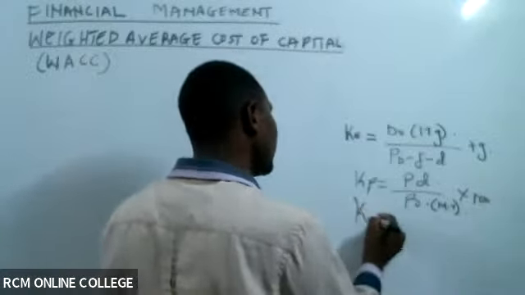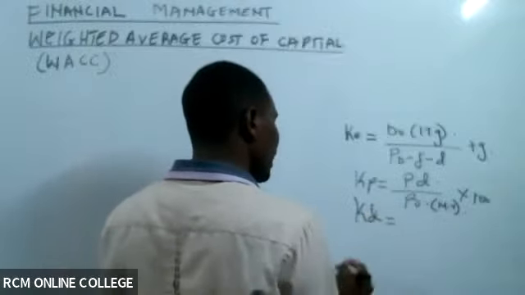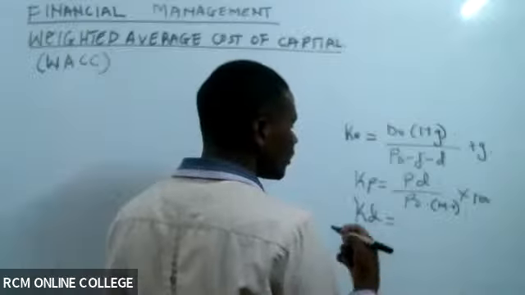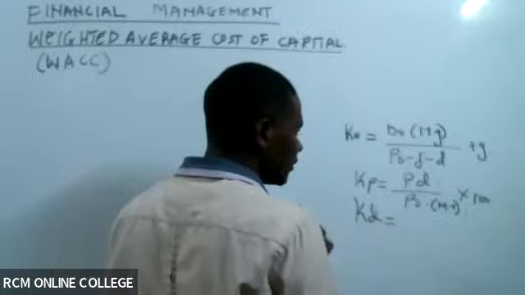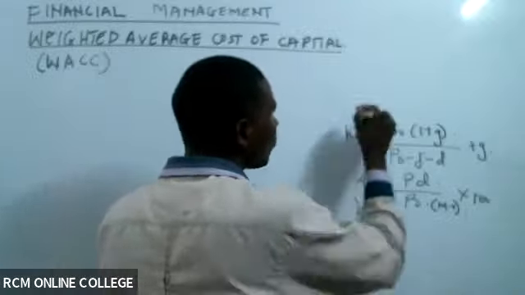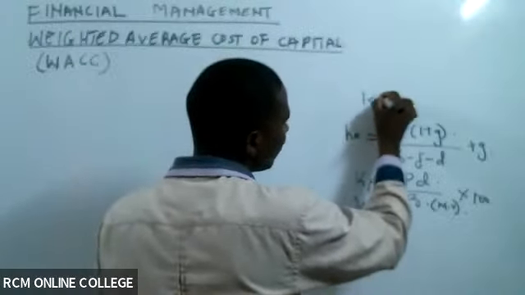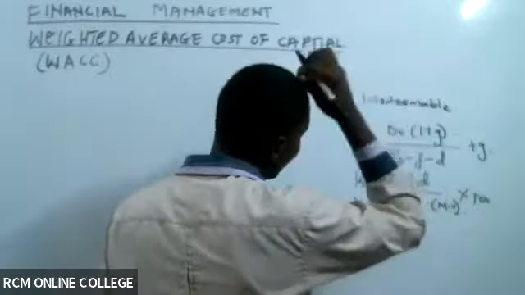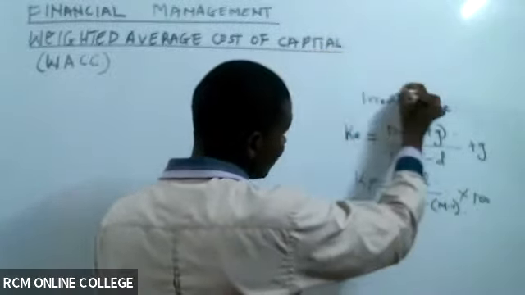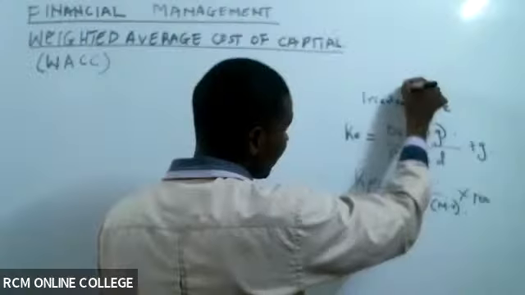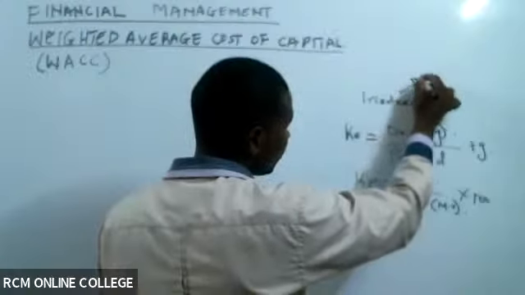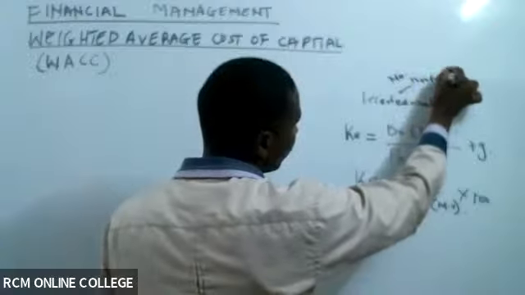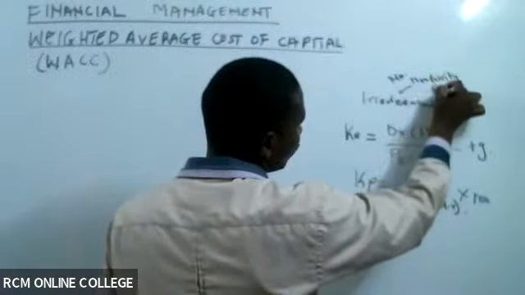Then KD. We said, class, we have two types of debt: irredeemable and redeemable. Irredeemable debt is debt that has no maturity period.